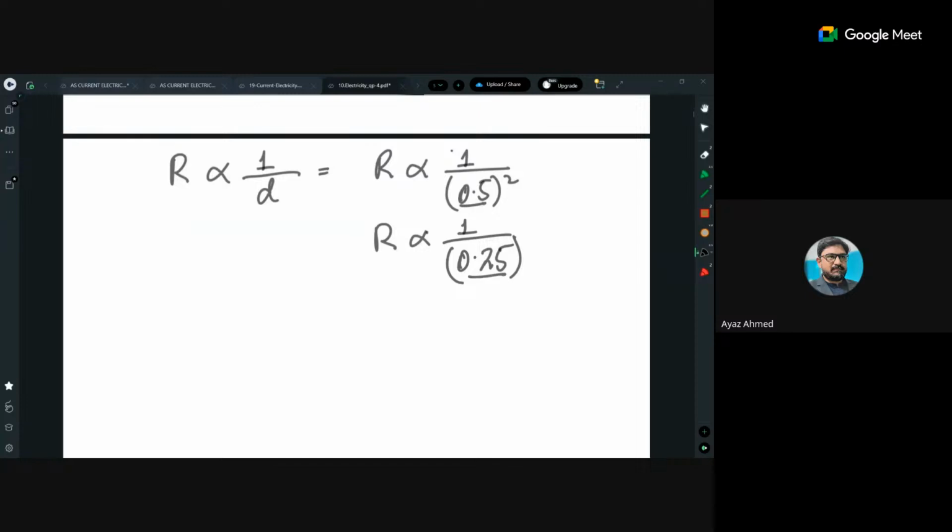So numerically, if diameter is multiplied by 0.5, it is same as diameter is divided by 2.